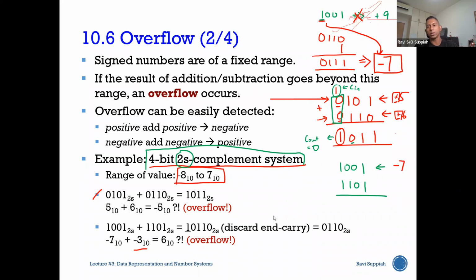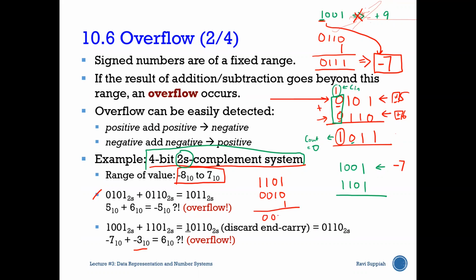Again, this is what you need to do only if the most significant bit is 1. That means it is a negative number. So you do the 2's complement, correct? You flip 1101, so it becomes 0, 0, 1, 0, and then you add 1.